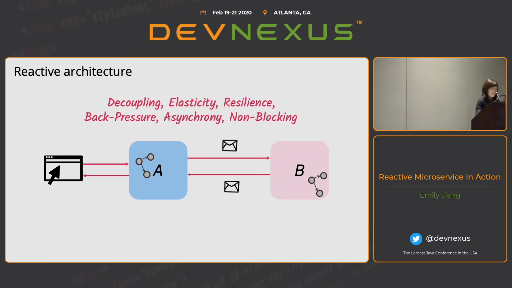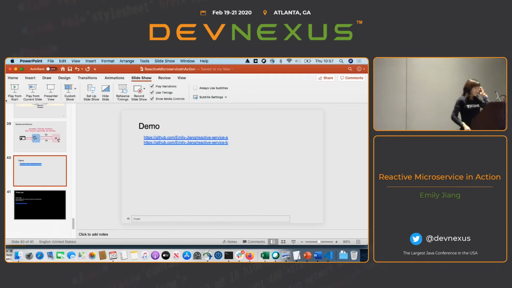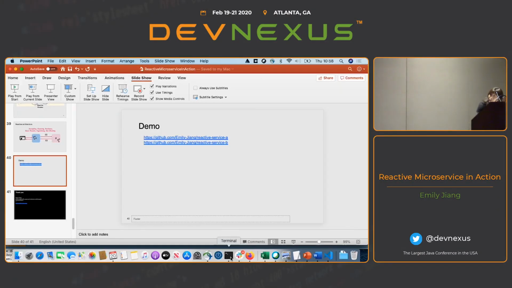With that, I want to give you a quick demo. In this demo, I have two microservices, and they don't know each other. Service A is a producer and service B is a consumer.